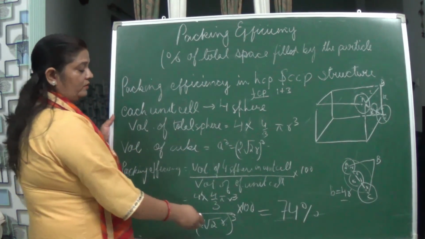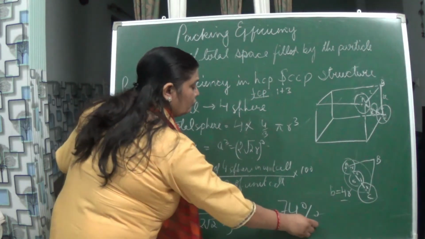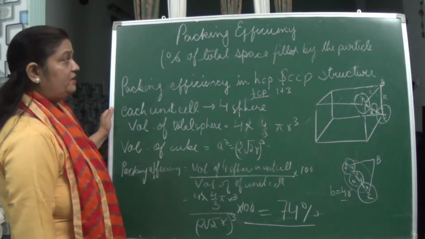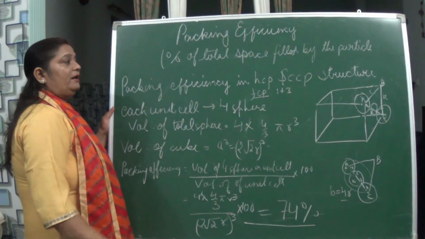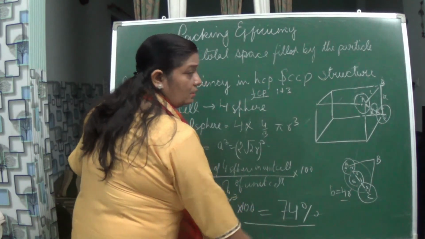When we solve it, r cube and r cube will cancel, and the result will be 74%. So the packing efficiency in the HCP and CCP structure is 74%.